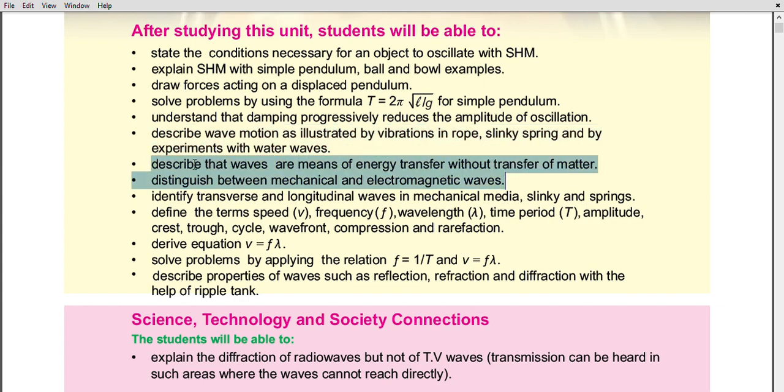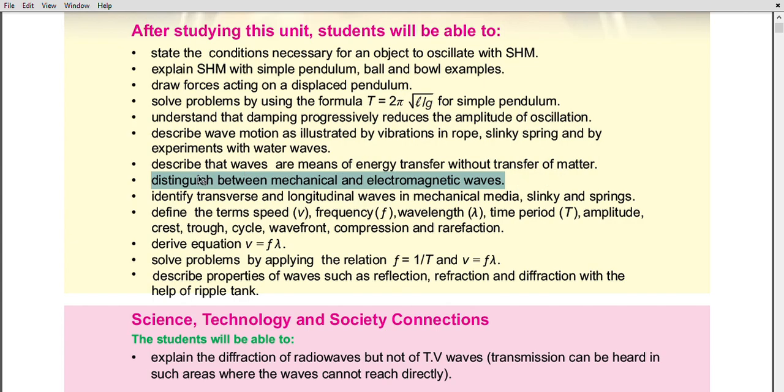And then we'll be able to describe that waves are a means of energy transfer without transfer of matter. It means that to transfer energy by using waves, it is not necessary to transfer the matter itself.